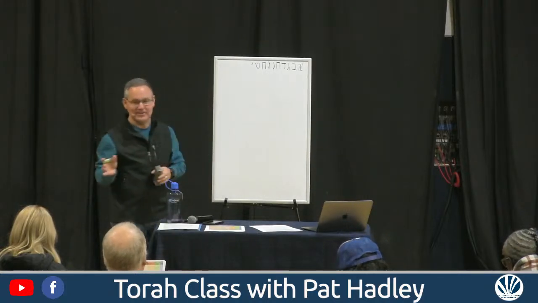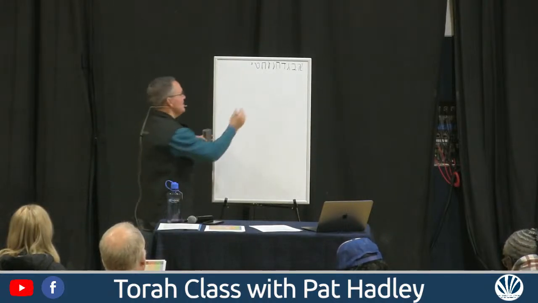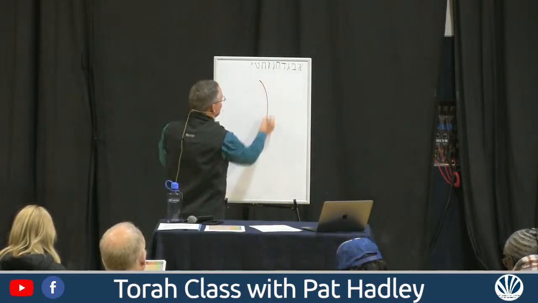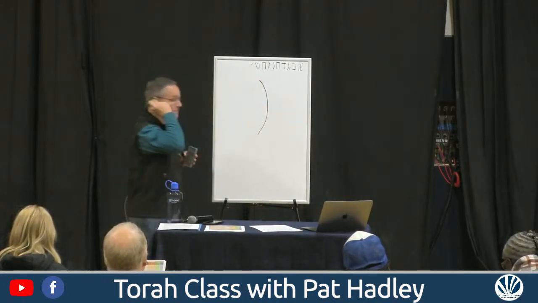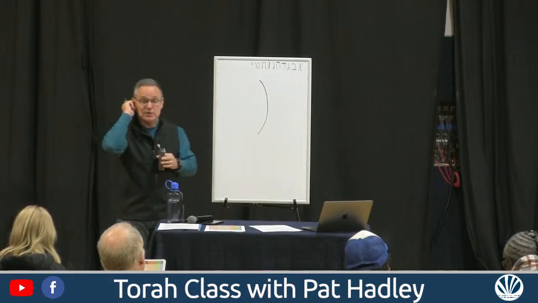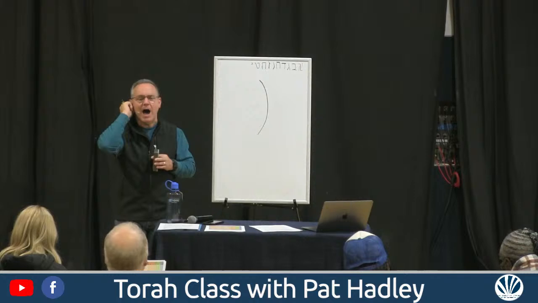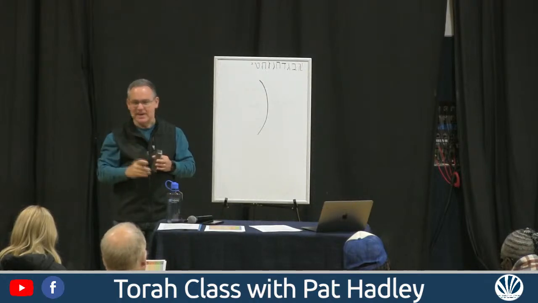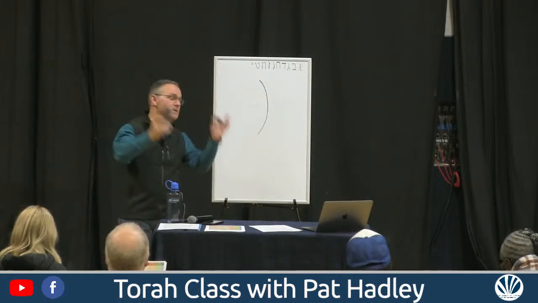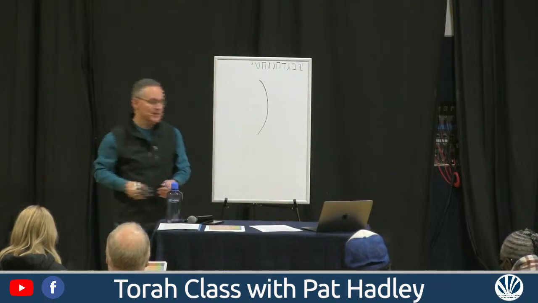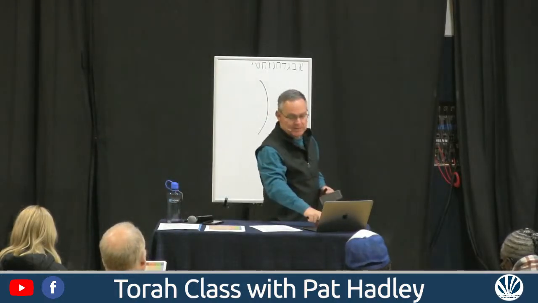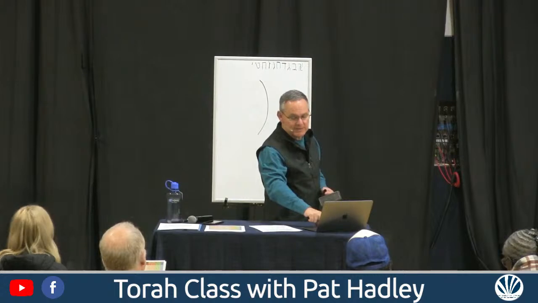All right. New letter tonight is the letter that looks like that. Okay? It's either wa or vav. There are people that are Hebrew scholars that believe it makes a wa noise and it's a wa.